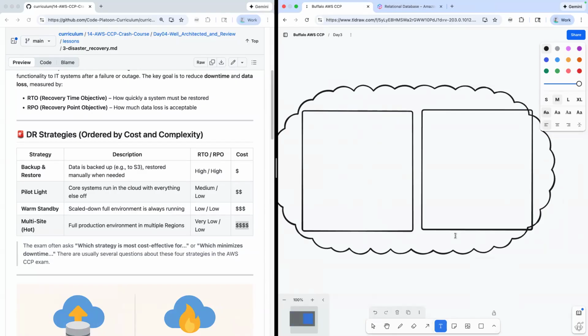And we'll label this one US East 1, and we'll label this one US West 1. And I'll just use circles for the different services. So if I'm doing backup and restore, I might just have an S3 bucket with database backups, and that might be it, right?